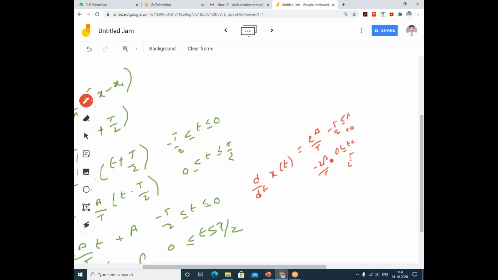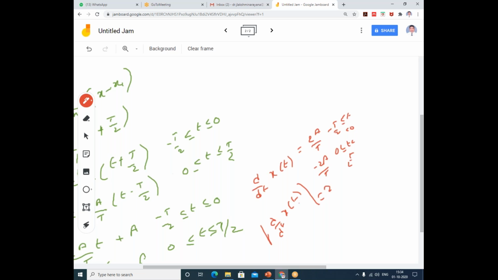Now observe this equation. If I ask you to plot the waveform, what is the magnitude of d by dt of x of t?